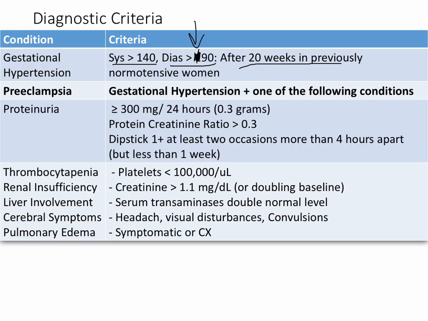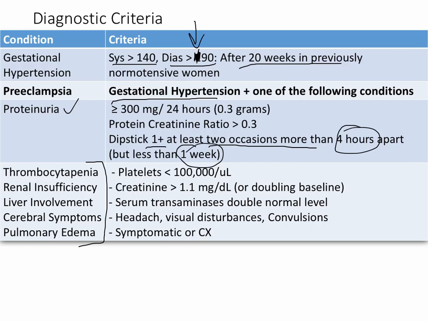So preeclampsia is gestational hypertension plus one of the following: either proteinuria or evidence of end organ failure. There's always going to be a little bit of protein in the urine. Usually it's not going to show up on a dipstick. Usually on a dipstick, if you have a +1 on at least 2 occasions that are more than 4 hours apart, but less than 1 week apart, you can diagnose proteinuria.